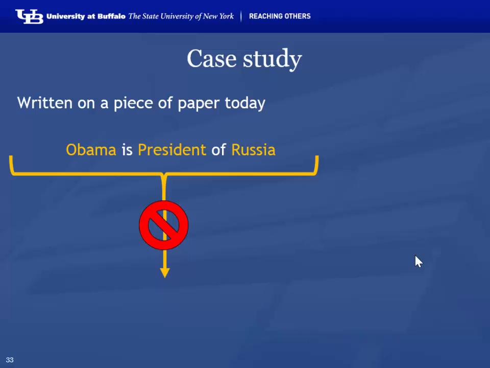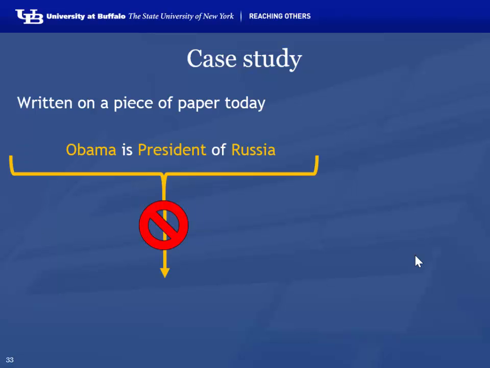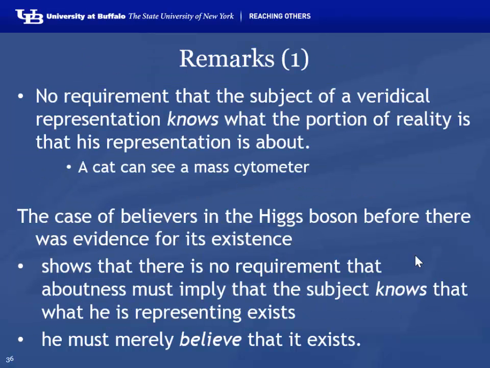So in this way, we can do justice to the fact that a sentence like Obama is president of Russia is an information content entity because it has aboutness, without having to assume that there is anything which it, the whole information content entity, is about. Now, I guess that's probably enough. So just one more point and then I'll stop.